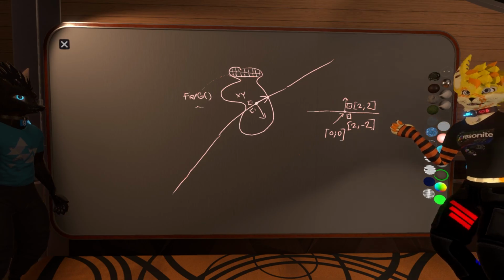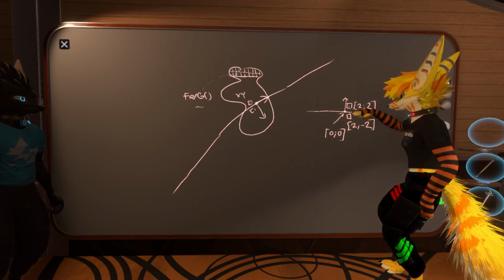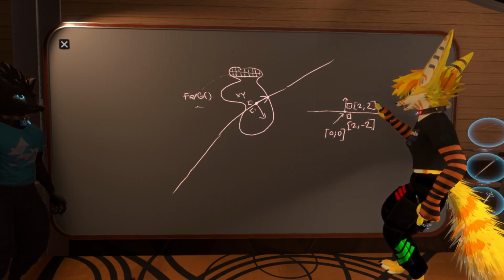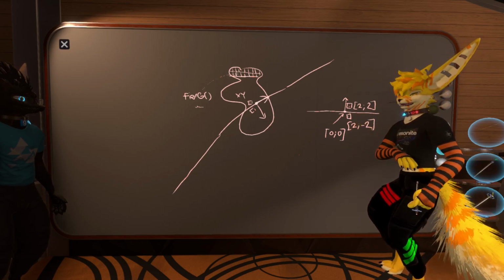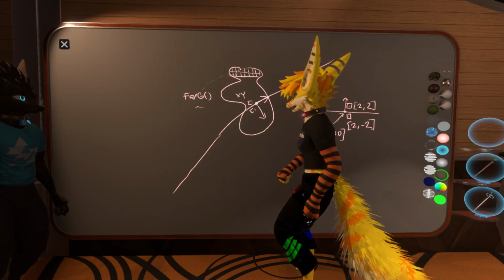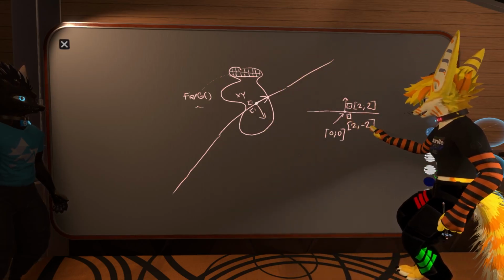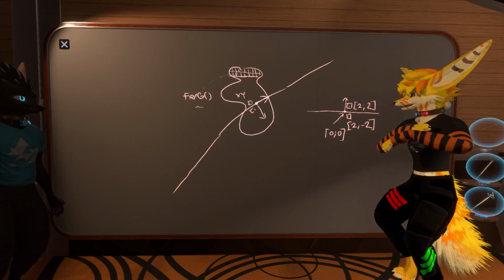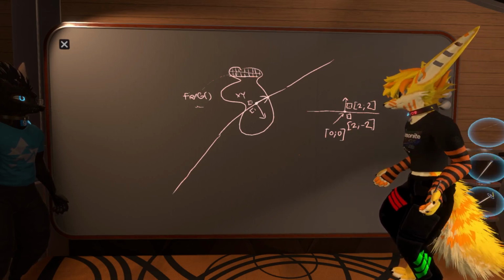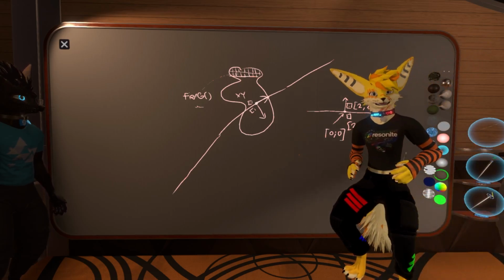Then you have a very simple logic where you just ask, is the y coordinate above 0? If it is, discard the pixel, don't render it, which means this pixel gets discarded, and this pixel doesn't, because it's negative. And that's all the math there is. Very simple math, very easy to do intersection this way.